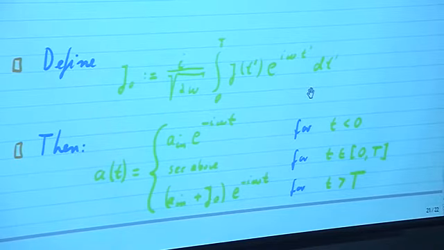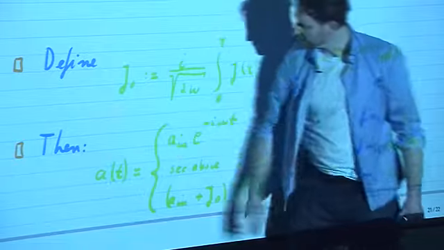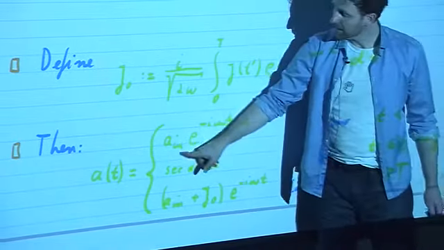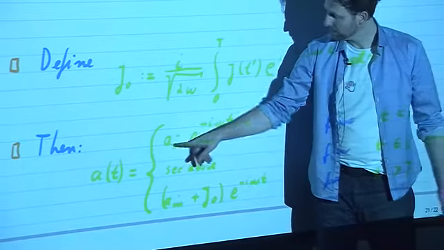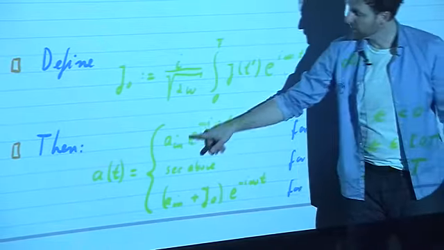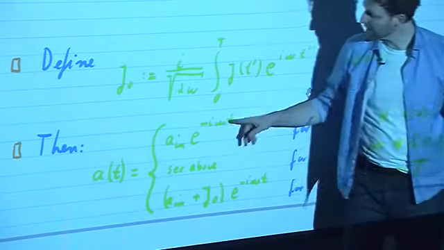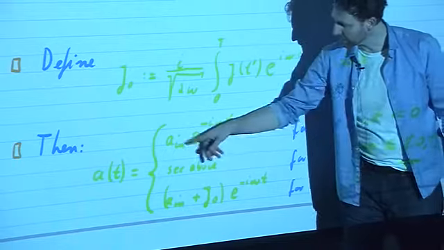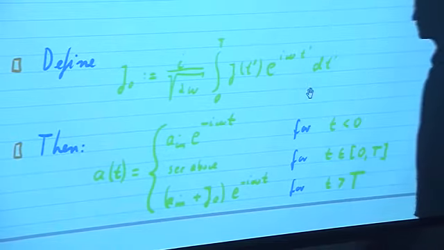So what we find then is that the solution A of t is A in, which is the A at time t equals 0, times that energy factor for the free evolution for early times. And for time equals 0, this is just identity, as it should be. It's just the free evolution solution.